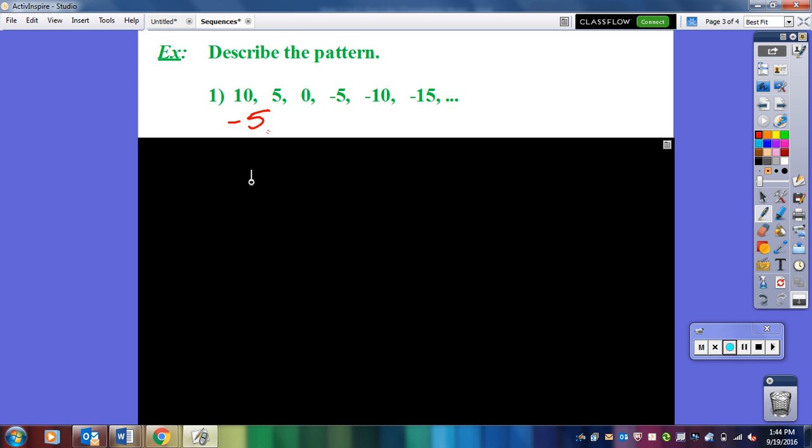So what should we call it? Adding negative 5. By saying add negative 5, that means it's also arithmetic. My common difference is -5. And I want to find the next couple numbers: -20, -25, and -30.